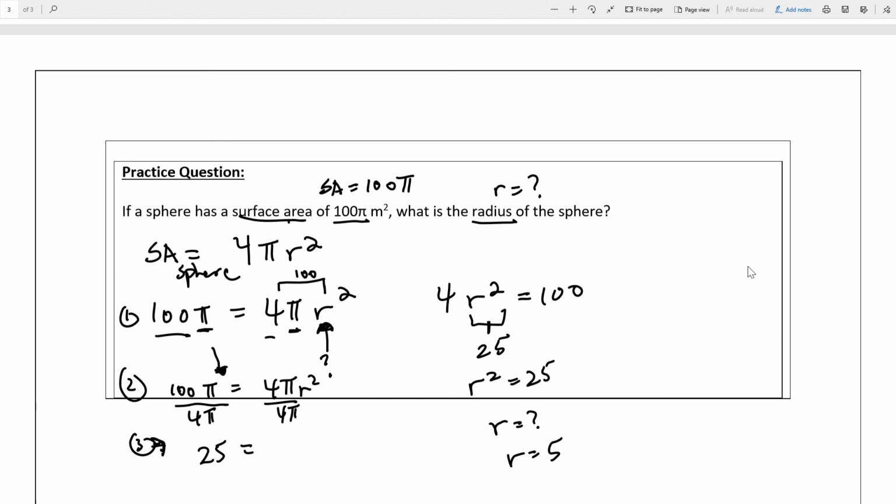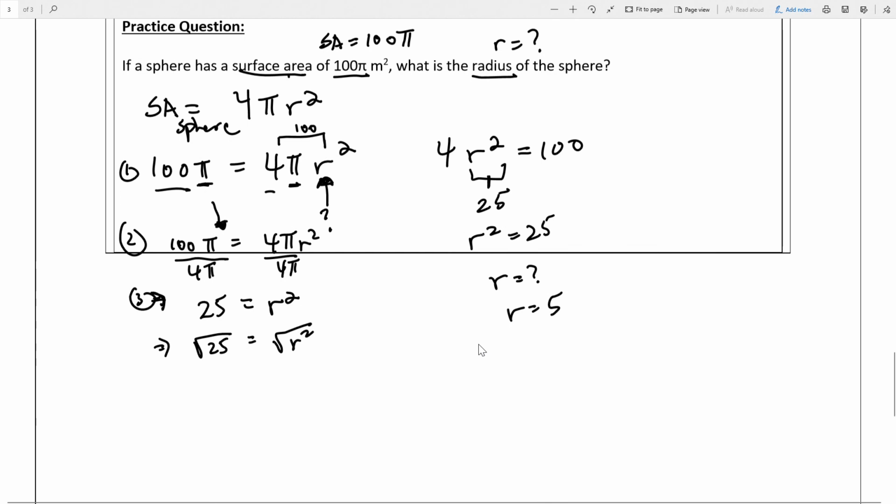And on the right side we're left with r squared, because 4 pi divided by 4 pi is 1. Then we want to get rid of the squared, so we need to square root both sides. And this should give us the r.